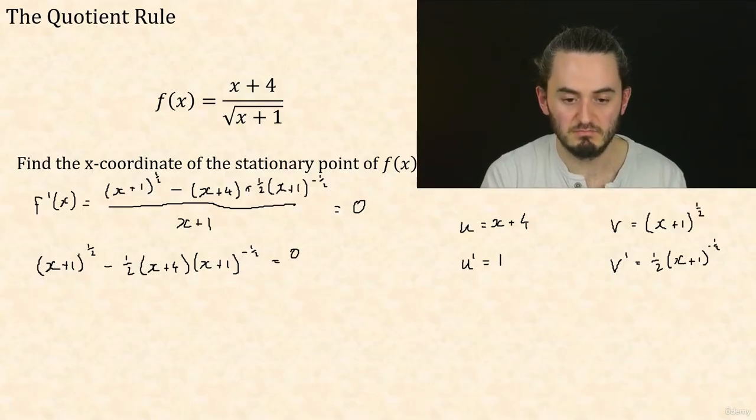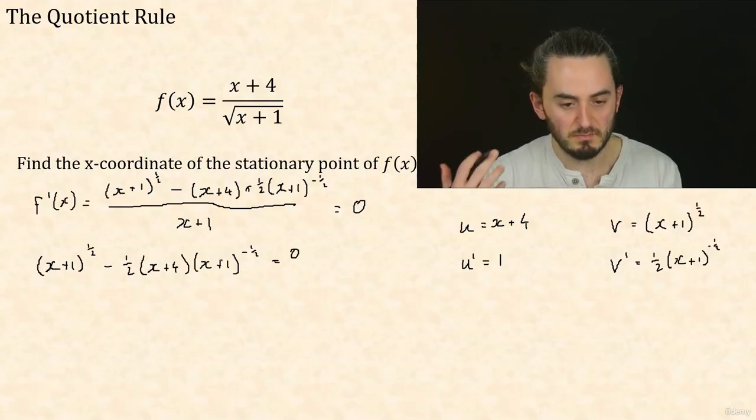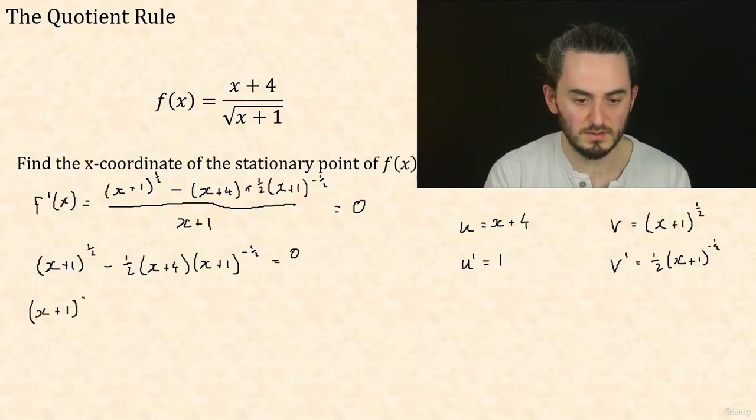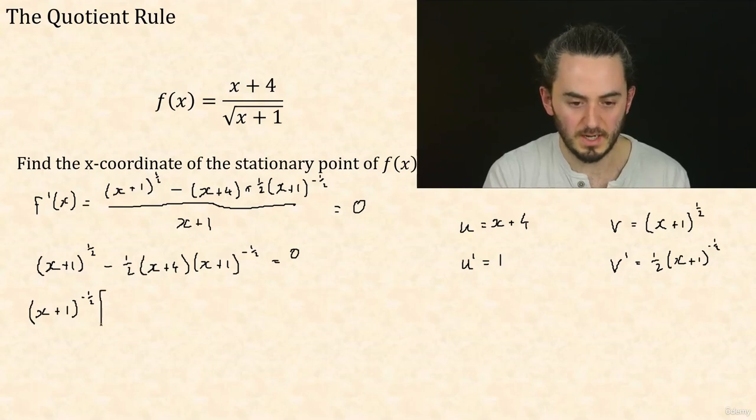We can see that I've got (x+1)^(1/2) and (x+1)^(-1/2). The best way to solve this is to just factorise out the smaller of the powers, so (x+1)^(-1/2). Because what I'm left with now is x+1, well, the power here better be 1, because 1 plus negative a half is a half.